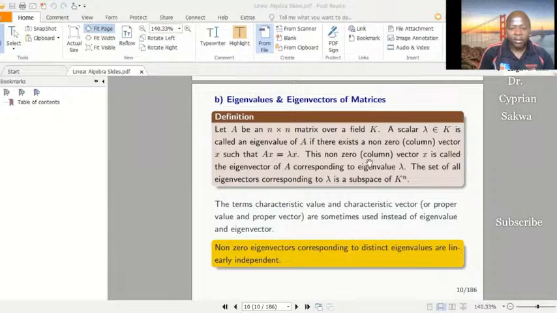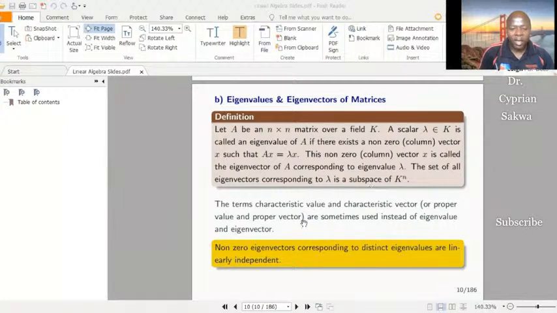Now, sometimes instead of using the words eigenvalue and eigenvector, we use the terms characteristic value and characteristic vector. So characteristic value would mean eigenvalue, and characteristic vector would mean eigenvector.